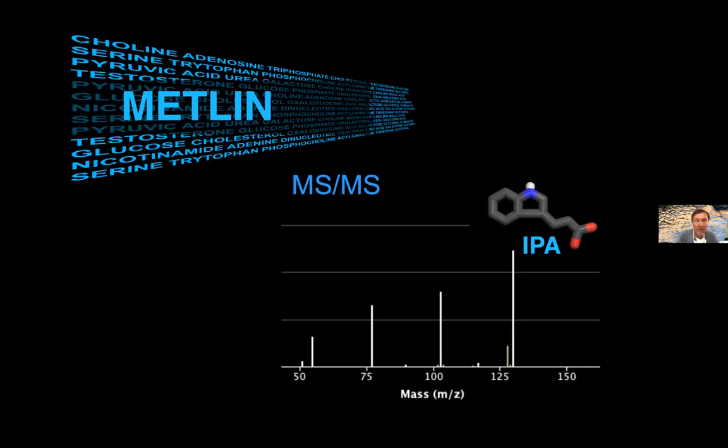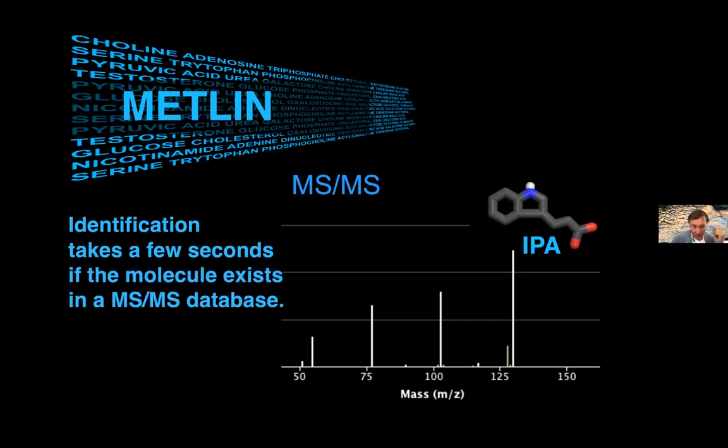So basically what we're trying to do with Metlin is, we'd love it if you could see a molecule and within a few seconds identify it using MS-MS data, or get some level of preliminary identification using MS-MS data.